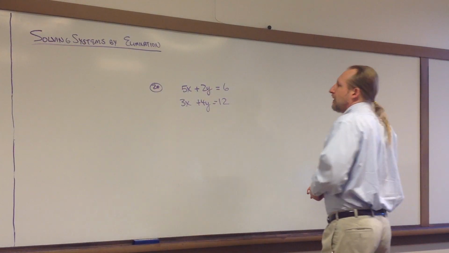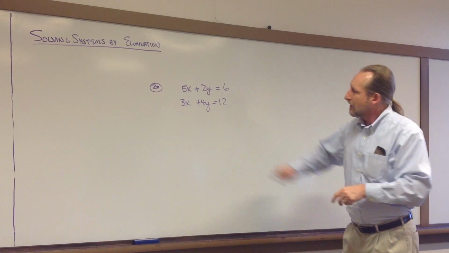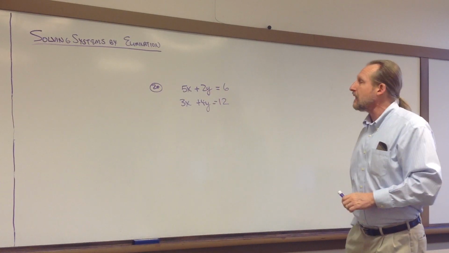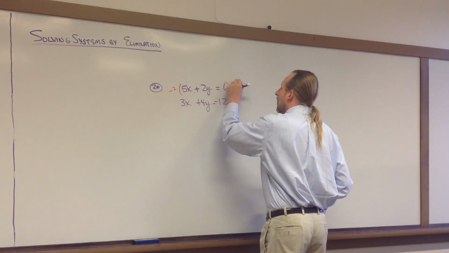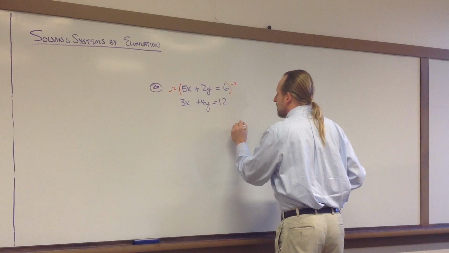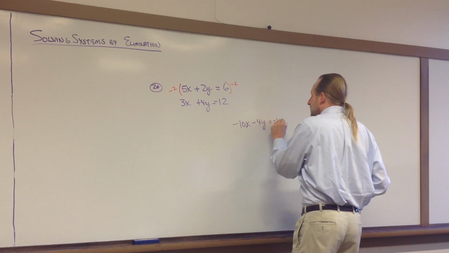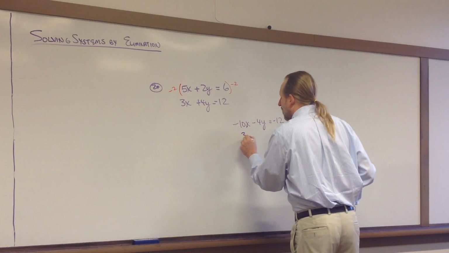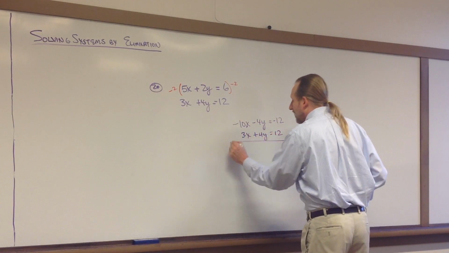So if I multiply the top one by 2, that'll match these 4s. But since these signs are the same, I'm going to multiply by a negative 2. Okay? So that'll give me negative 10x minus 4y is negative 12. And then 3x plus 4y equals positive 12.